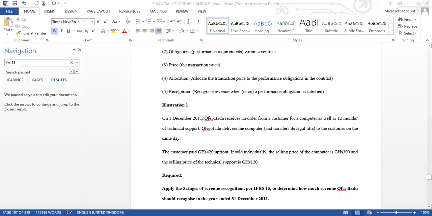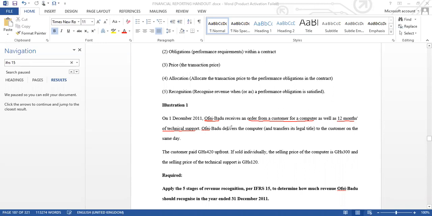So we have on December 1, Mr. Febedu, who is a pastor, receives an order from a customer for a computer as well as 12 months of technical support.